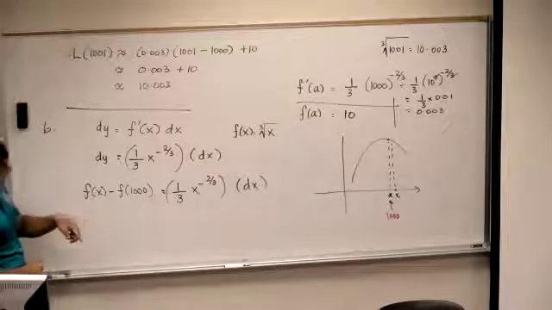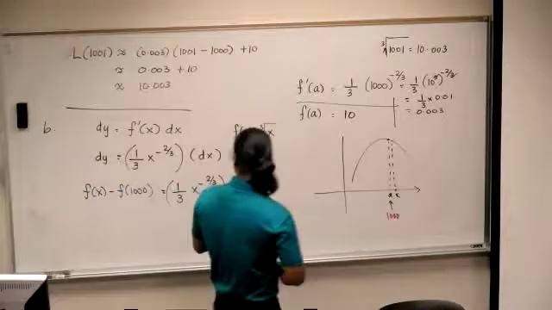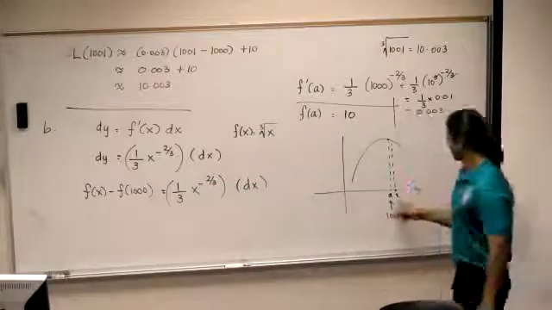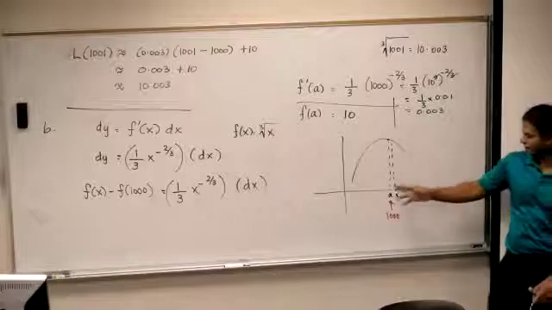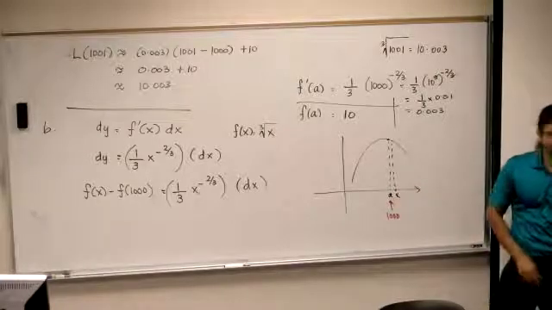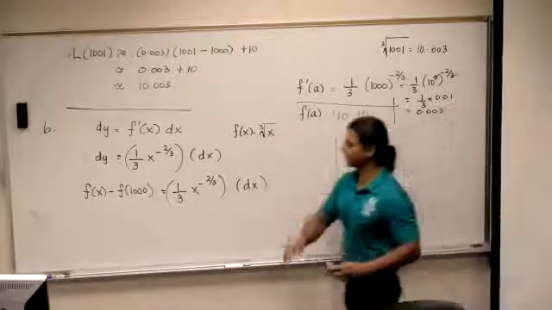What would a and x be? The change from a to x? That would simply be 1.